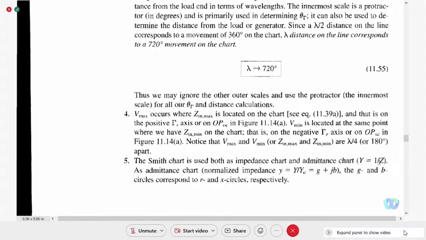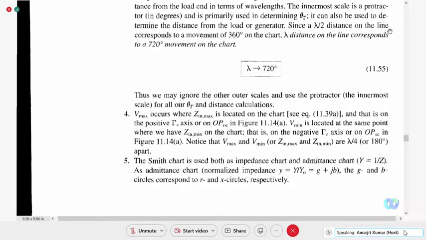Okay. So the next point is we can use the Smith chart both as impedance and admittance chart, because admittance Y is the reciprocal of impedance, 1 upon Z. For the admittance chart, the conductance and susceptance circles will correspond to the resistance and reactance circles.